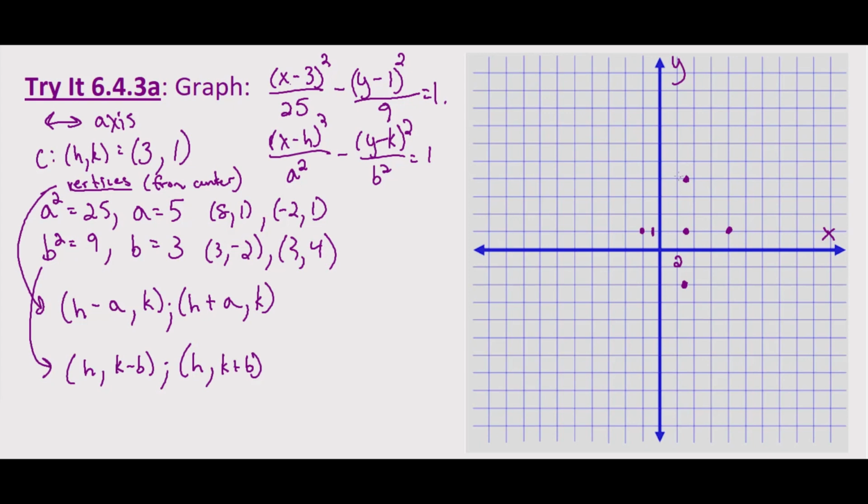So now we draw in our box. It's going to look a little different than what you would expect because of the scale difference. Remember, in the x direction, it's technically twice as long as what it looks.